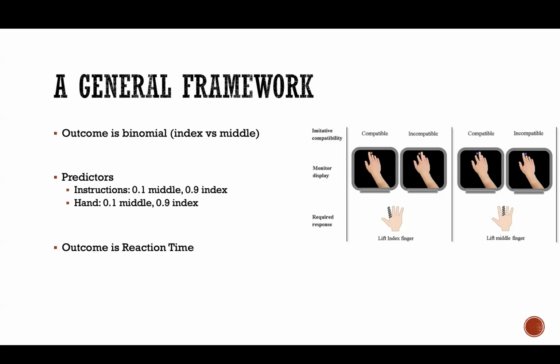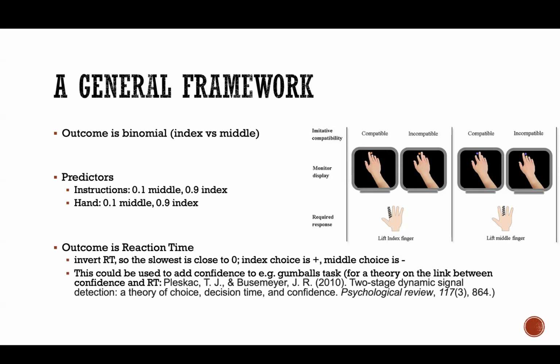What if the outcome is the reaction time, where we've seen that most people have variations due to this experiment? That's more tricky, right? There are many fancy ways of doing that, but an easy way is to invert the RT so that the slowest is close to 0.